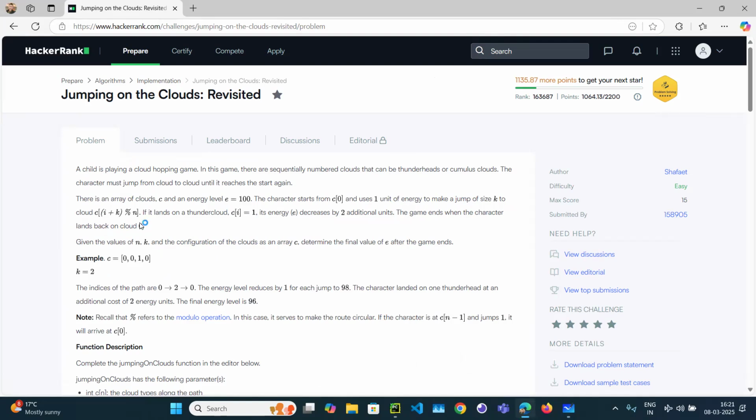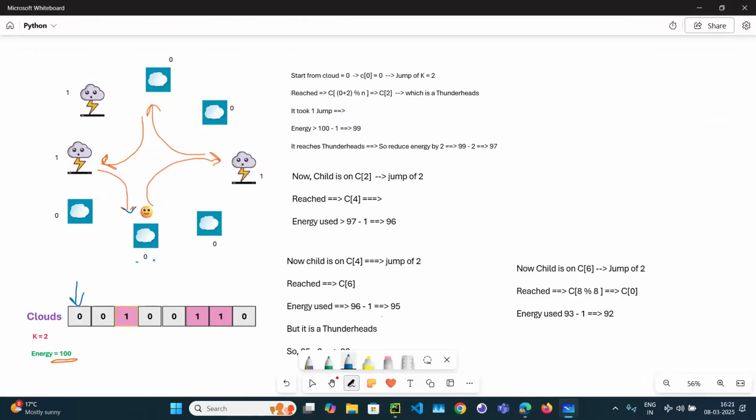That is the starting point, and we need to determine the final value of the energy after the game ends. So let's suppose it starts from here, because anyhow it's going to start from zero. K is 2, so it means take a jump of 2, 0 plus 2, so it will reach here.